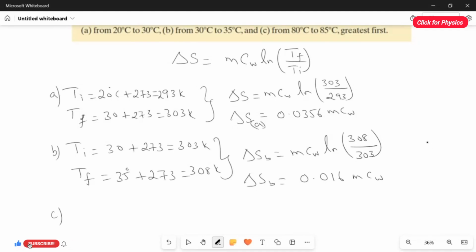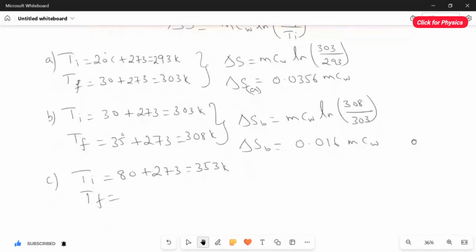And likewise, I have to find the answer for the third. So the initial temperature for the C part here is 80 degrees Celsius. I have to convert it to Kelvin. So I have to add 273. So 80 plus 273, which is 353 Kelvin. And T final is equal to 85 plus 273, which is equal to 358 Kelvin.